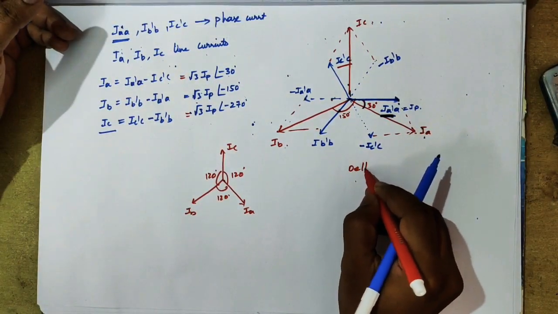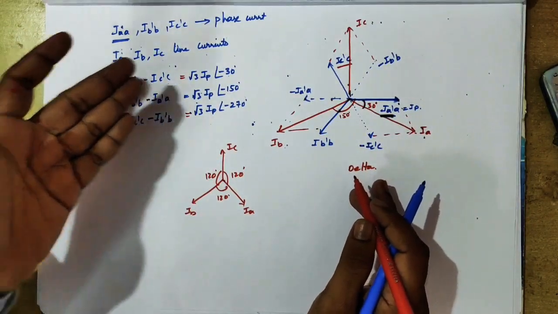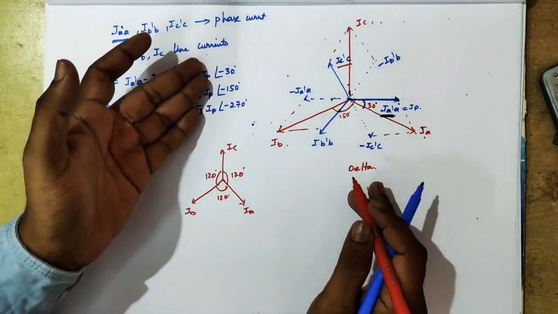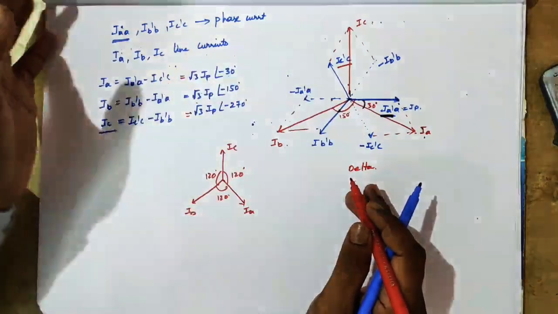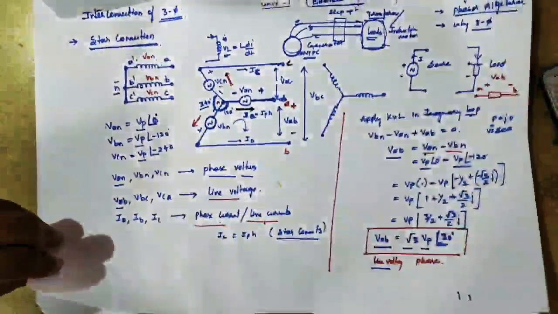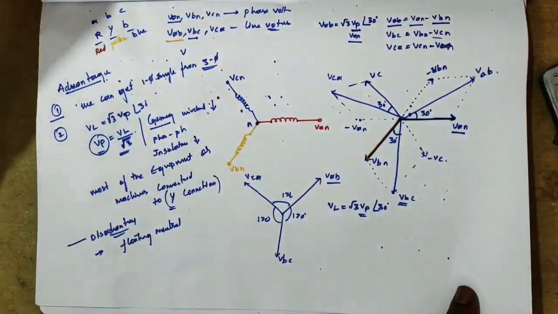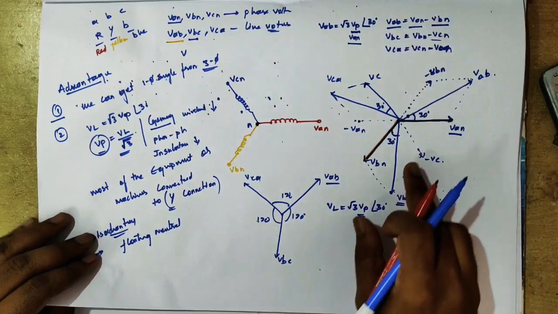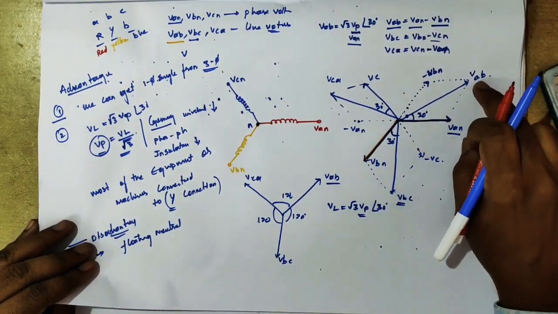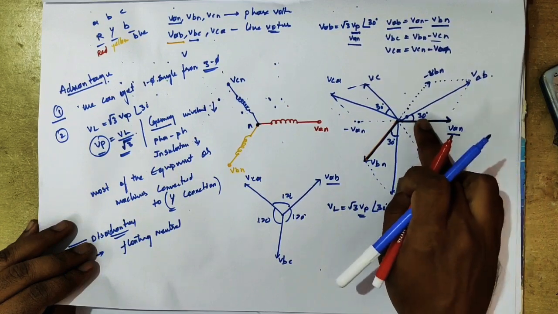What is the delta representation? The main thing is line current is root 3 times the phase current, lagging the phase current. Coming to before yesterday, we obtained the star connection. In that star connection, what are we observing? The line voltage is leading the phase voltage by 30 degrees.